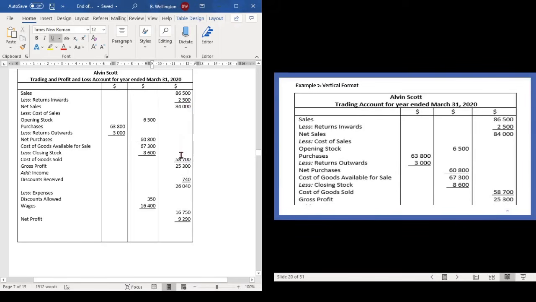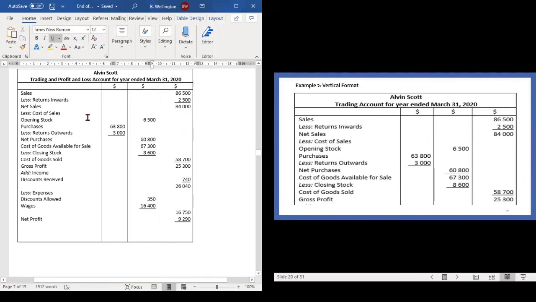If your net sales is greater than your cost of sales, you will end up with a gross profit. However, if your cost of goods sold is greater than your net sales, then you're going to end up with a gross loss. Okay? So here it is.